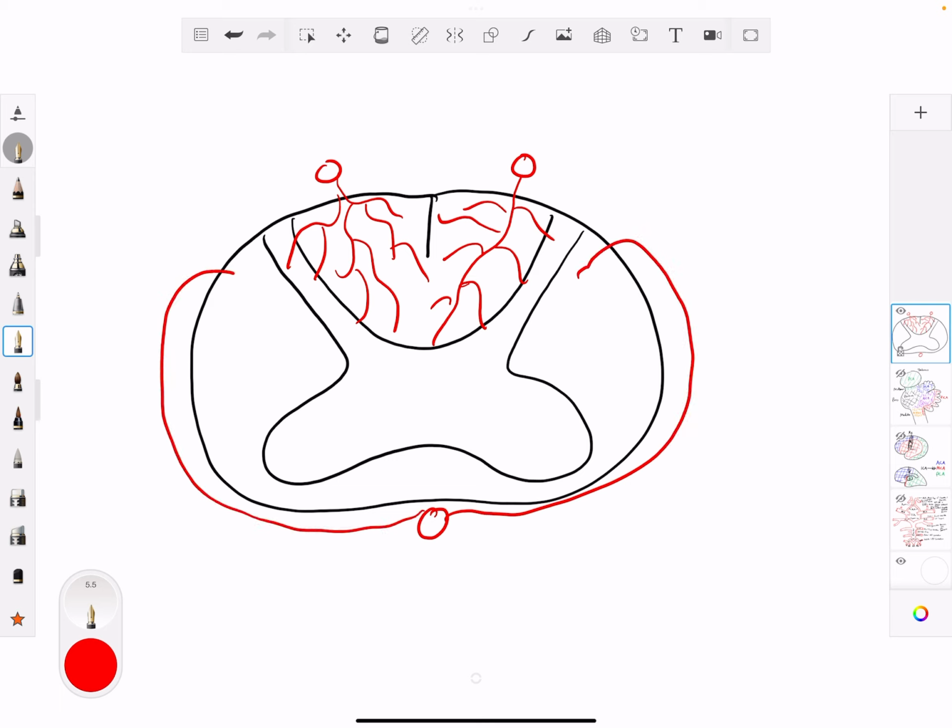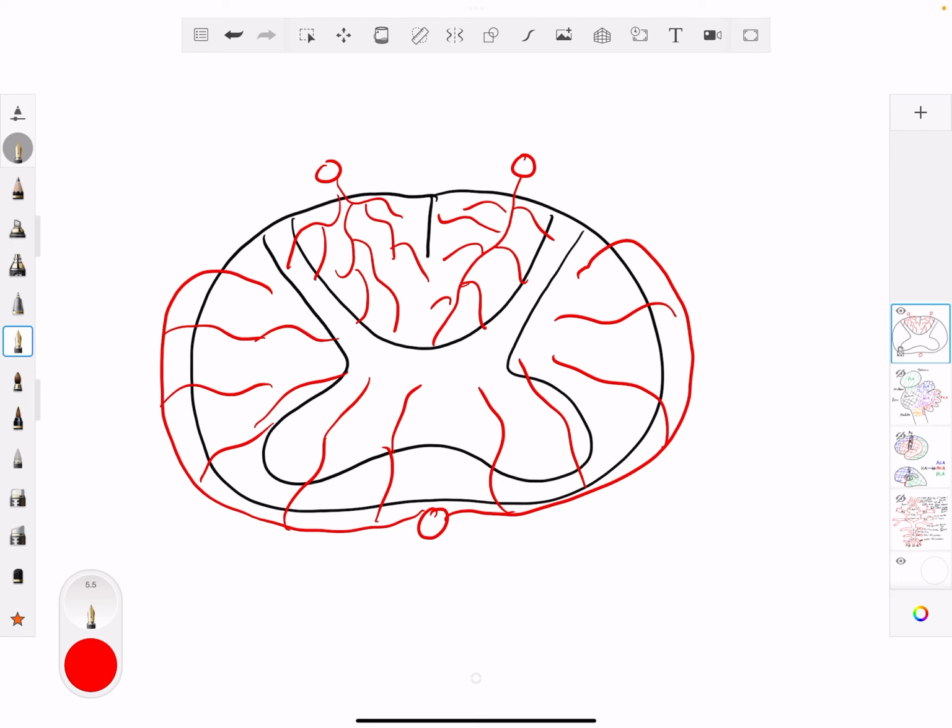Anterior, come around, serve the front. You get the point here.